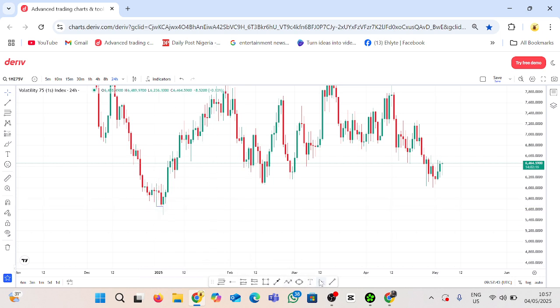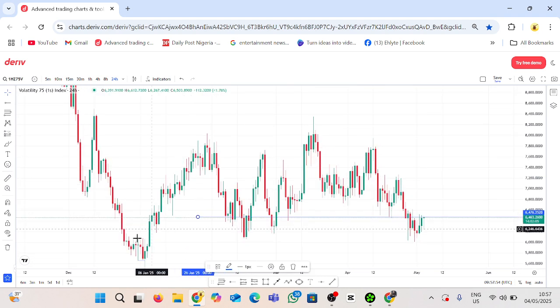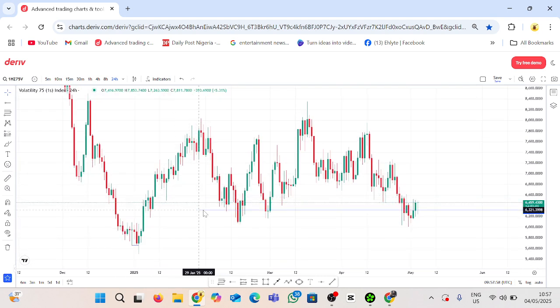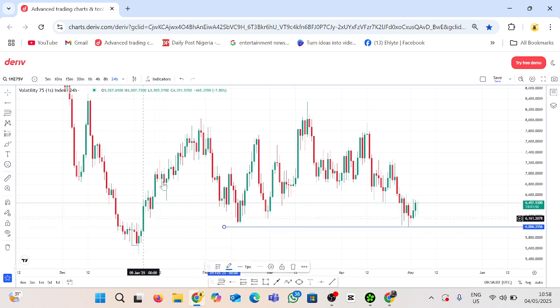This is my sweep of liquidity, and this is a break of structure to the opposite direction. Now price retraces.